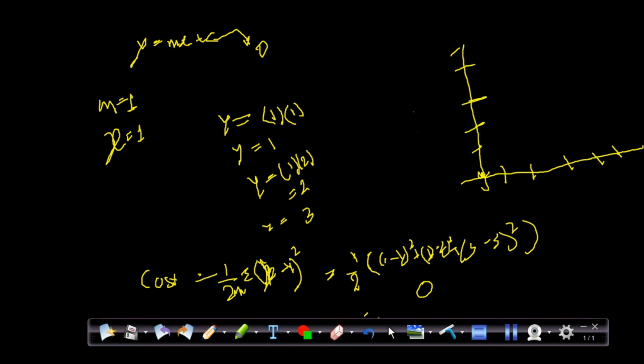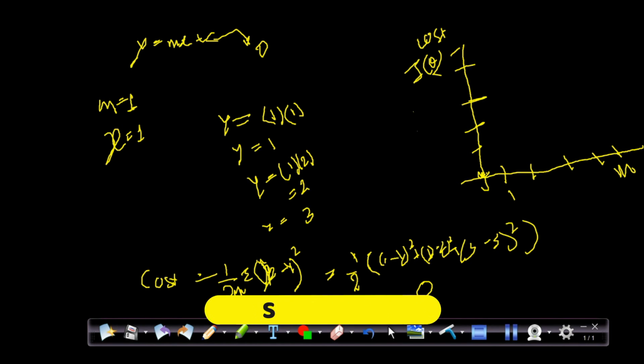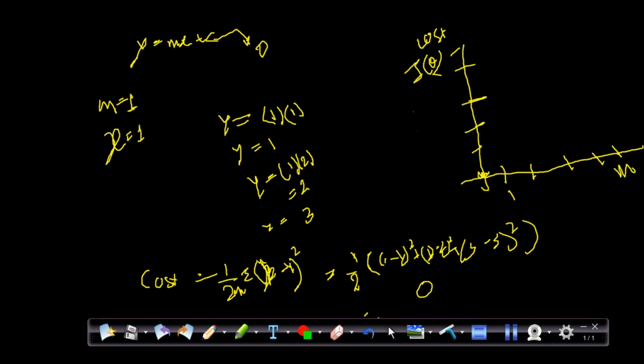So this is the graph of our cost function. You can also represent the cost function as J of theta, against our slope value. If I take the slope as 1, I get the cost function as 0. Similarly, if I increase the m value, let's suppose I take m as 1.5, I will get some other value.